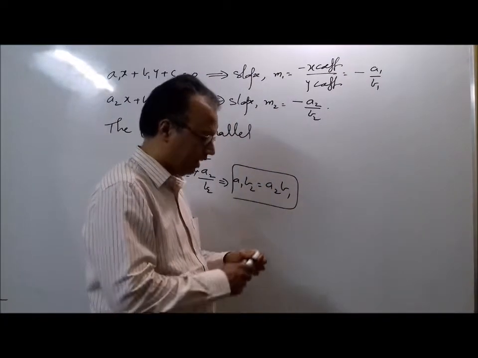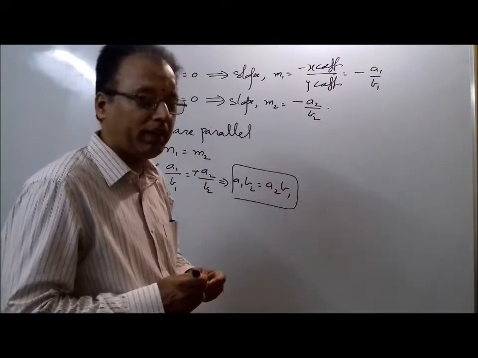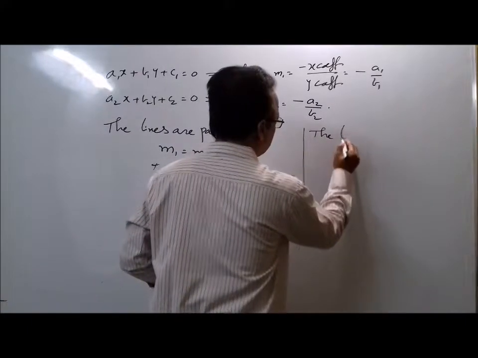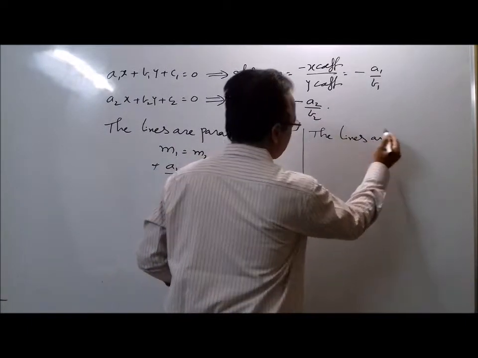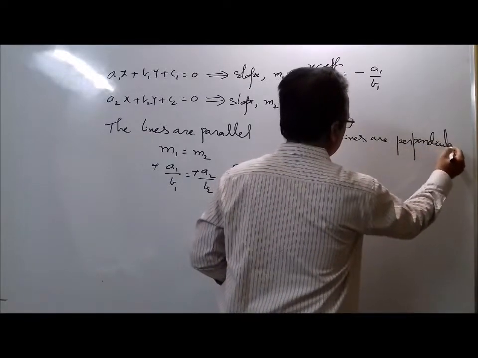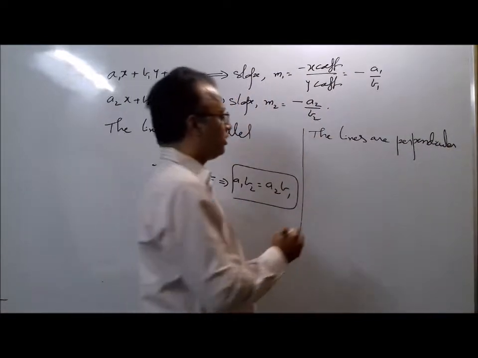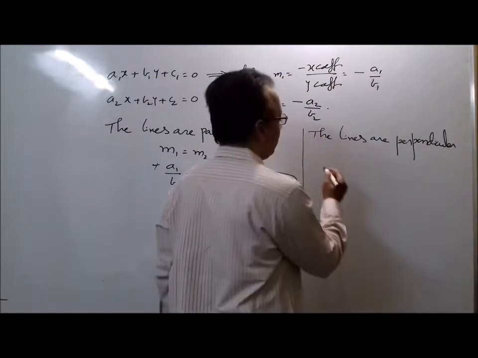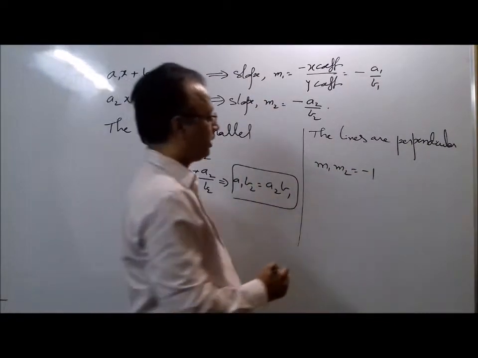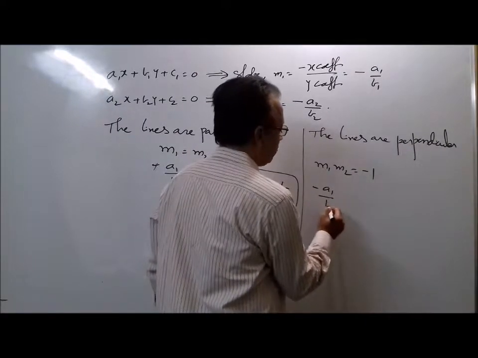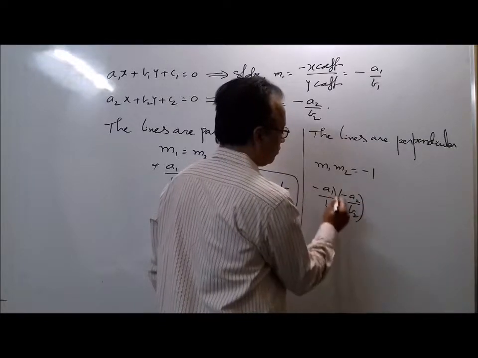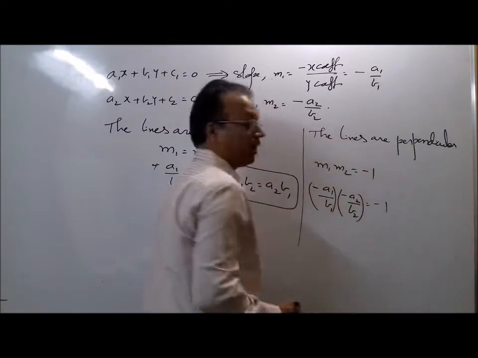Now let us see the condition when the lines are perpendicular. That is a condition we know from the previous class: m1 m2 is equal to minus 1. That is, minus a1 by b1 times minus a2 by b2 is equal to minus 1.